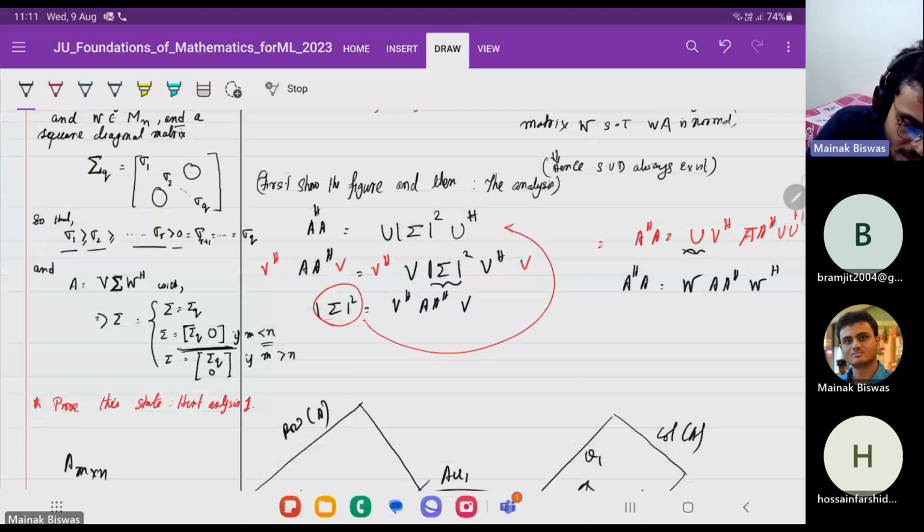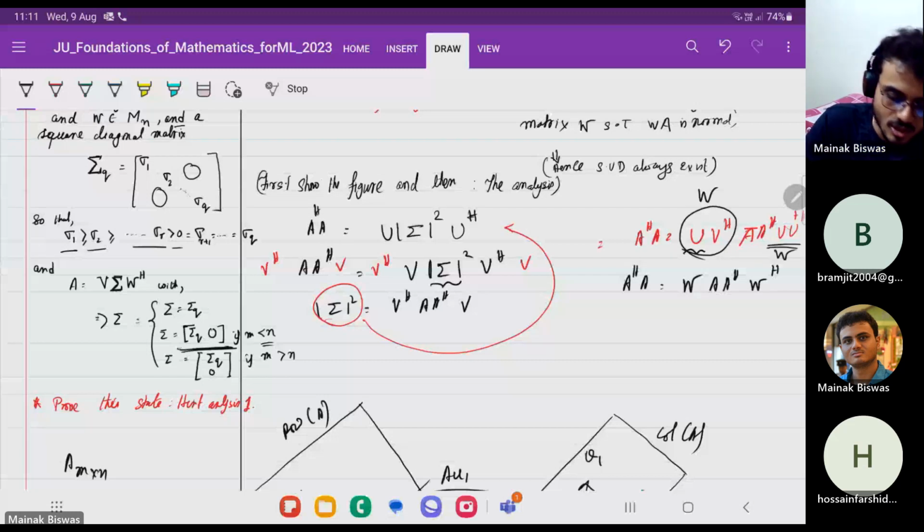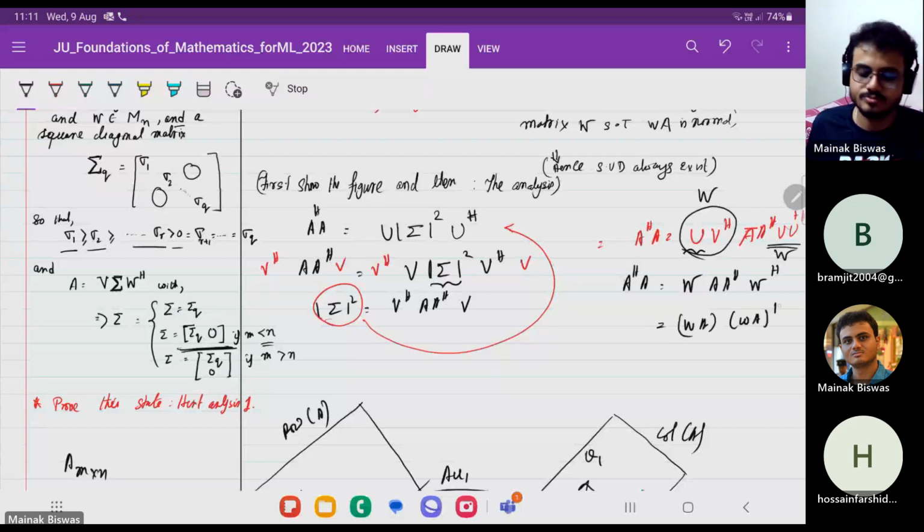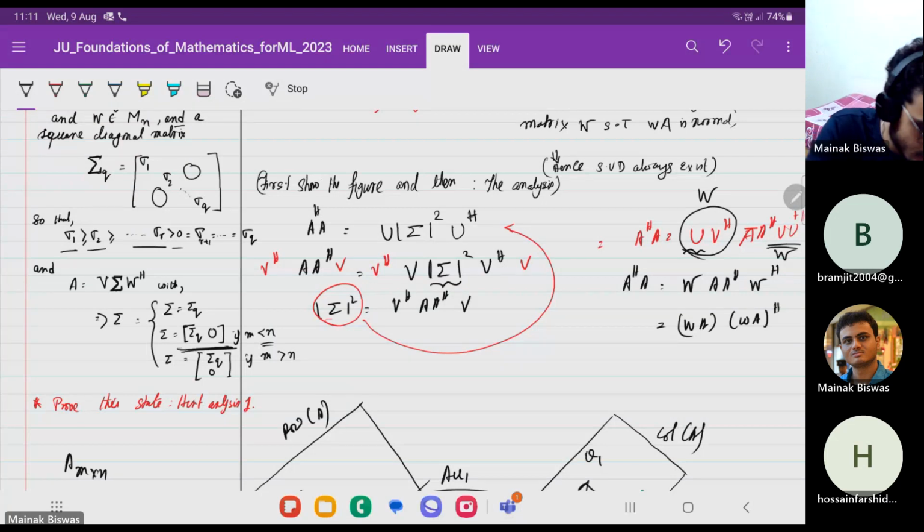This is some Hermitian, this is some unitary matrix, and this is the Hermitian of that matrix. So you can write this as WA into WA Hermitian. Yes or no? I hope this is okay, right? I've just factorized these two terms this way, the last two terms.